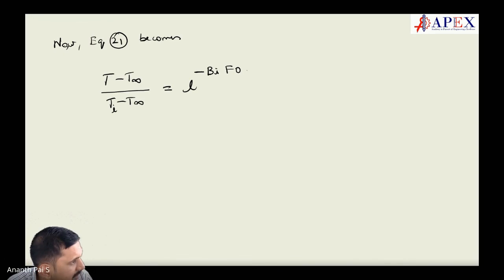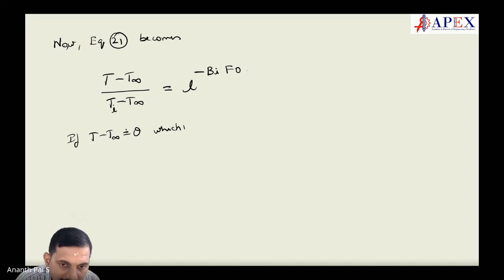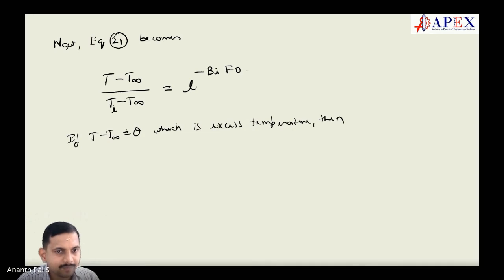What is this T minus T infinity? If T minus T infinity is equal to theta, which is excess temperature, then theta is equal to theta i into e power minus Biot number times Fourier number.